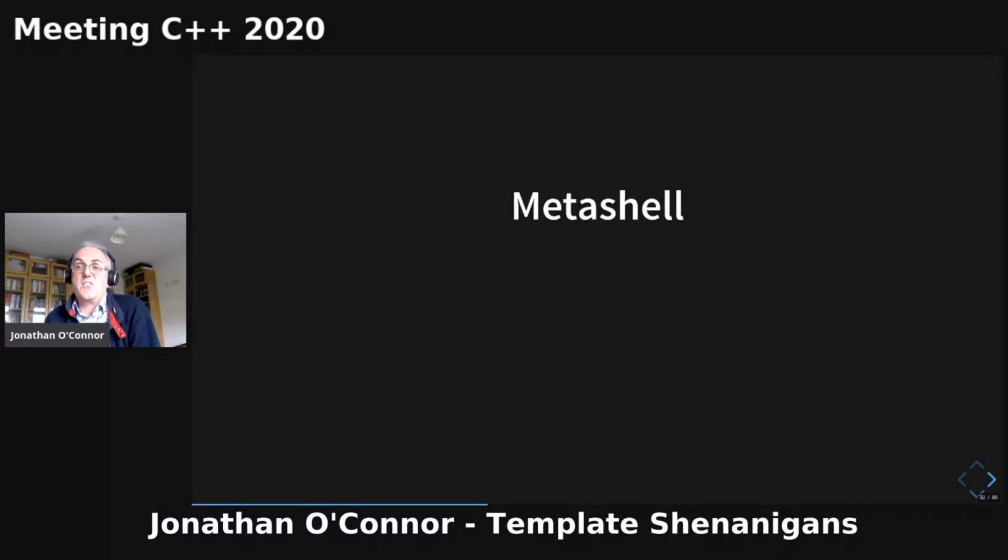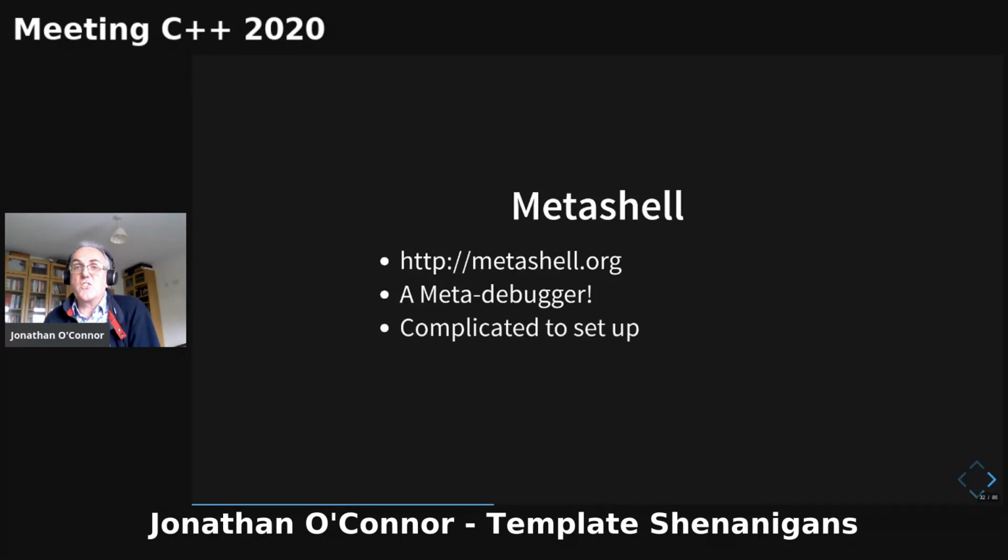So there's a steep learning curve, and I didn't actually get it to work when I tried it. But it's called Metashell, and it's basically a meta debugger. It allows you to debug the compiler as it's compiling your code. And you can set breakpoints when certain actions occur.